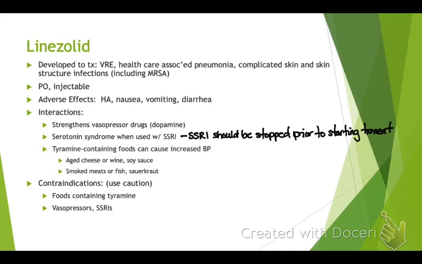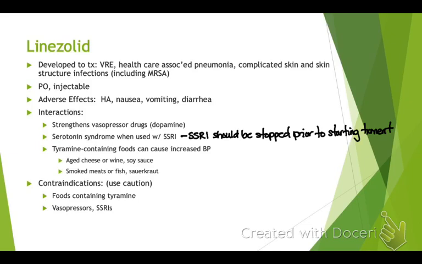Tyramine containing foods can cause an increase in blood pressure. Examples would be aged cheese or wine, soy sauce, smoked meats or fish, or sauerkraut, which are all examples of tyramine containing foods that can have an interaction with linezolid.